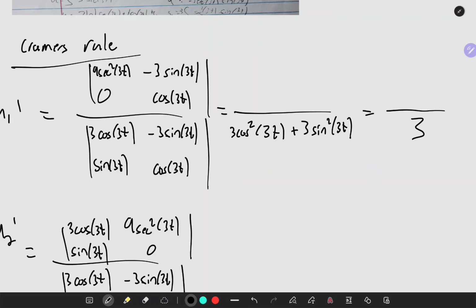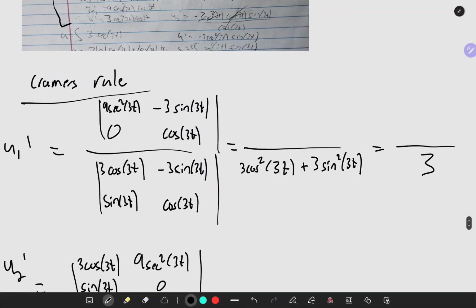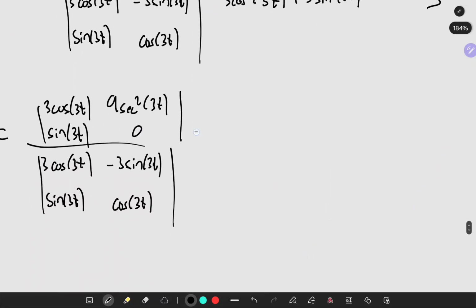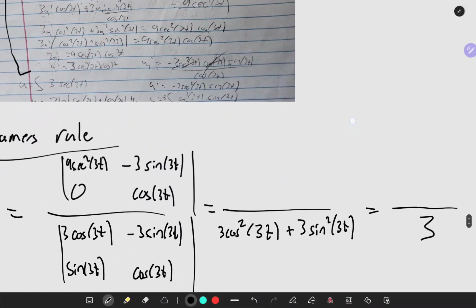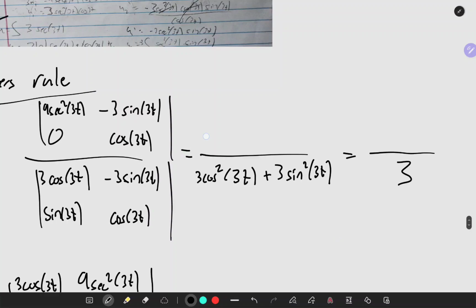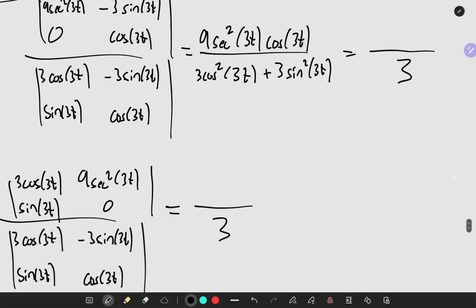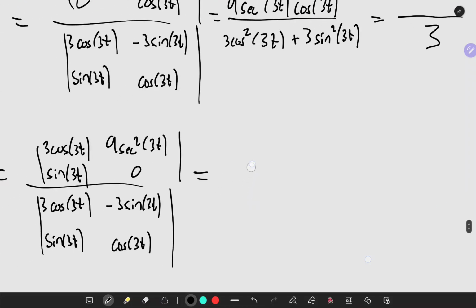That's all. So now the numerator, and the denominator for this one's the same. The numerator for this one would be 9 secant squared of 3t. And we're going to have to find a way to simplify that. The other term's just 0. But for this one, let's see.